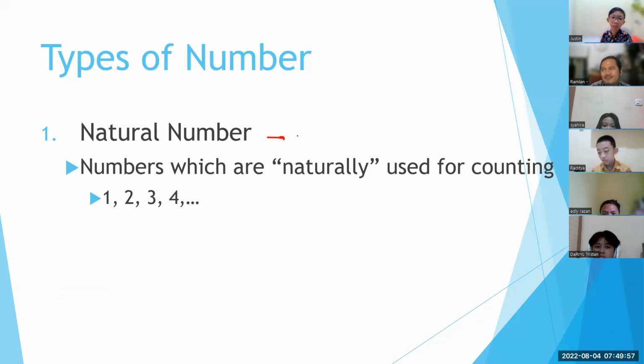Bilangan... bilangan asli, guys. Yes, bilangan asli. So natural number in Bahasa Indonesia we call bilangan asli, in case you want to know.